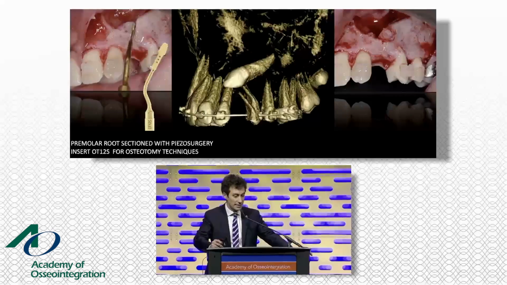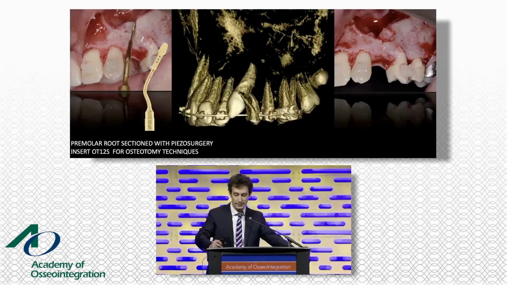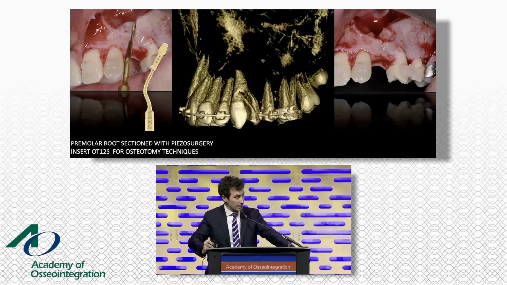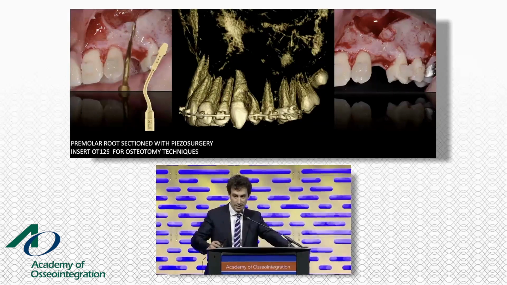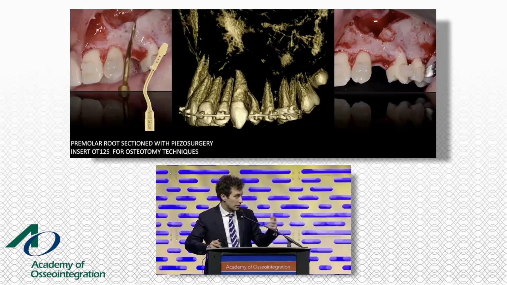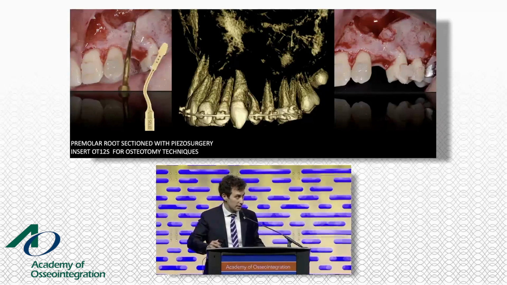So the idea was to create a surgical site within the bone crest to insert our cuspid and to fix the cuspid into the bone. But the main problem here was that the cuspid could not be fitted in this space because the premolar root has a shape that was bent over the midline, bent in the mesial part.